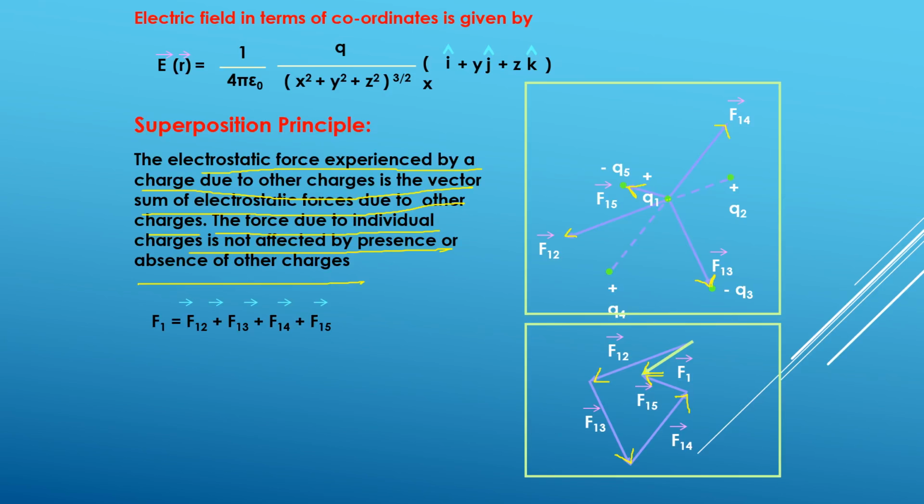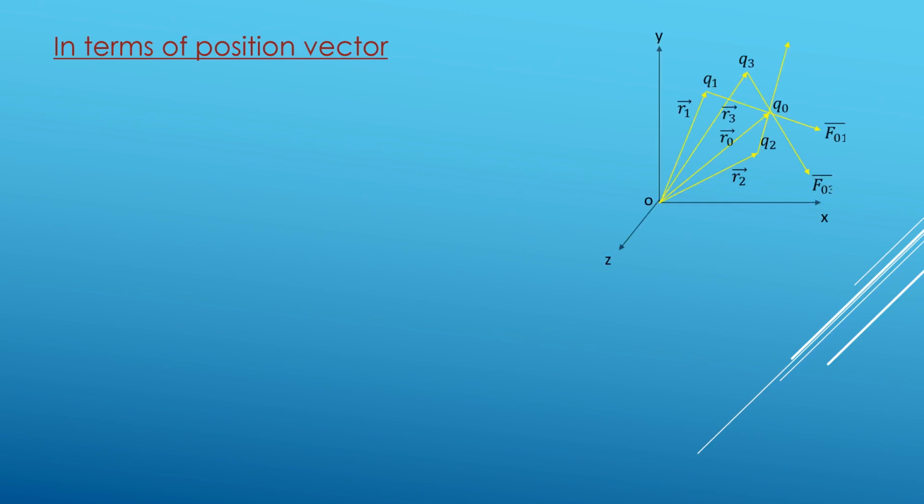In terms of position vectors. Now if we consider a charge q naught having position vector r naught, and q1, q2, q3 are the other charges placed around the charge q naught. Now the force experienced by q naught due to q1 will be F naught 1.